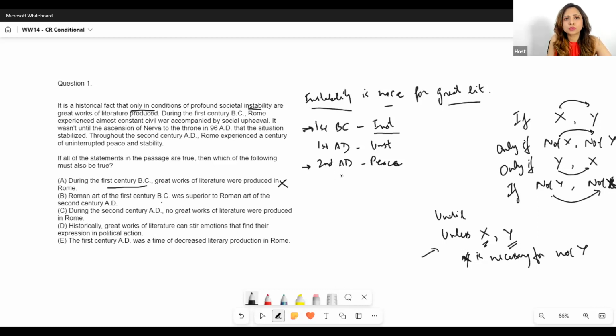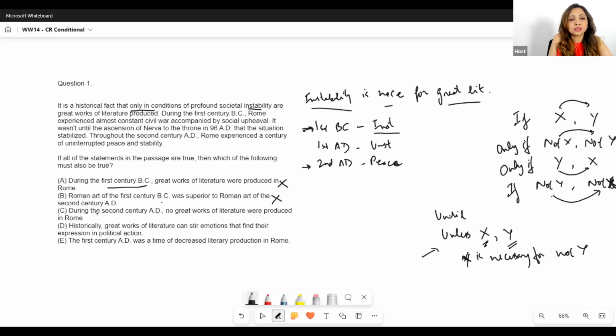For example, what if almost no art was produced in the first century and that was also not great? After all, instability is necessary, but it's not essential. It doesn't mean that every time there is instability, we'll get great works of literature, isn't it? And in any case, we're talking about Roman art. Now, is it the same thing as literature? Not really sure either, right? So again, this is not correct.